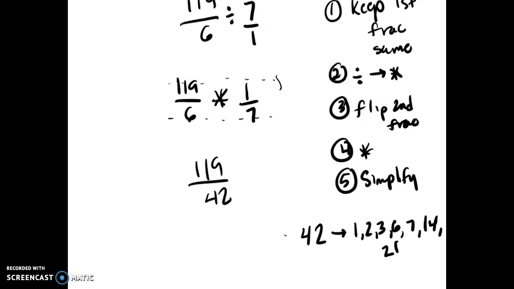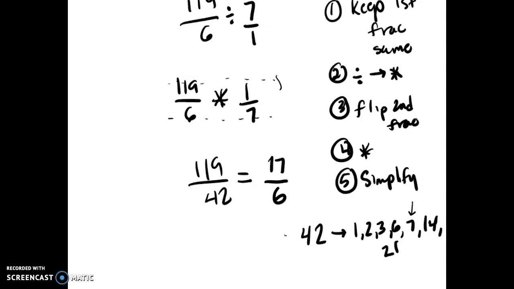And 119 is divisible by 7 also. So 119 divided by 7 is 17, and 42 divided by 7 is 6. So I've reduced the fraction.